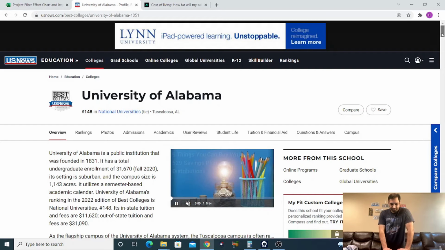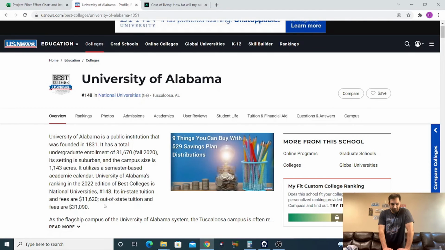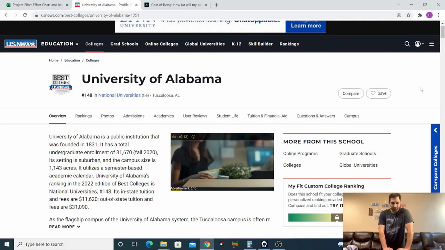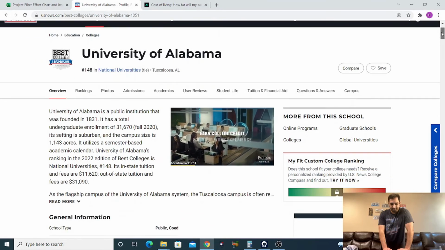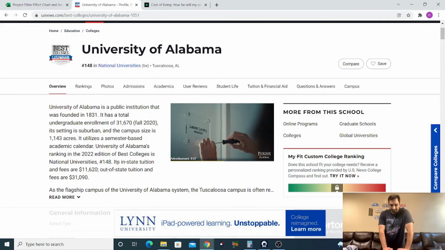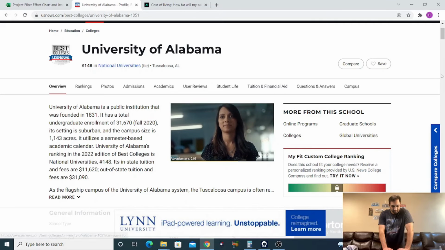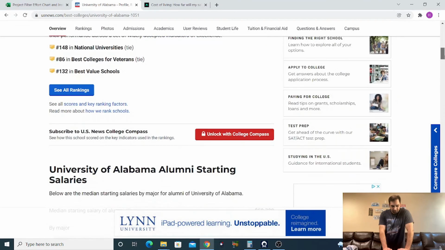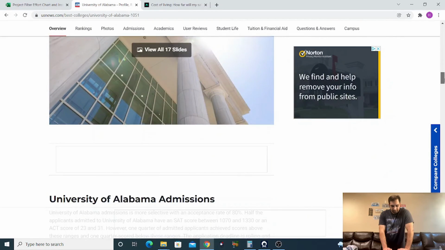But it's a public school and the tuition is much less. In Stanford, I believe it was about 50,000. And then it's located in Tuscaloosa, Alabama. And if you need more information, you can scroll down.